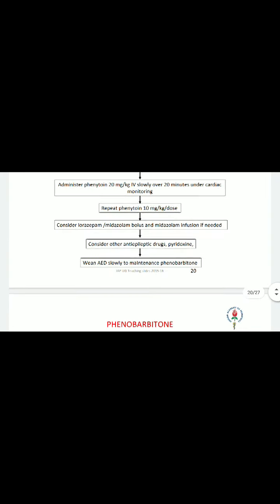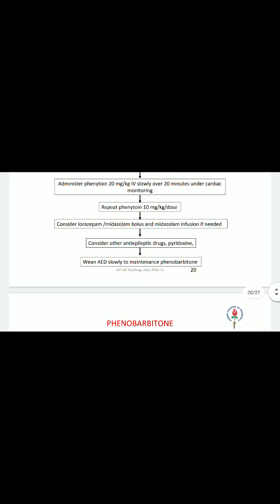Wean anti-epileptics slowly to maintain only phenobarbital. Whatever the drug with which you can control the seizure, finally only phenobarbital is to be continued as a maintenance drug.